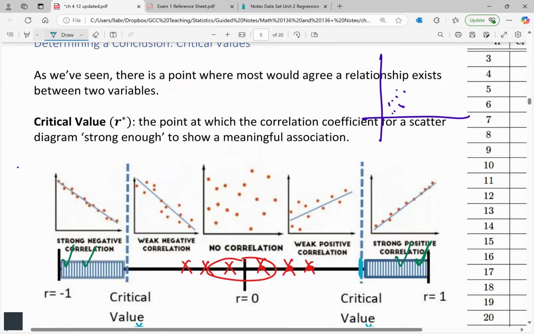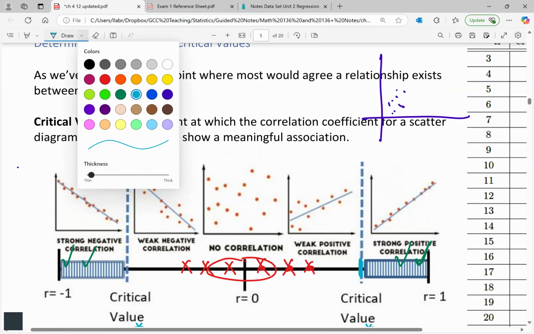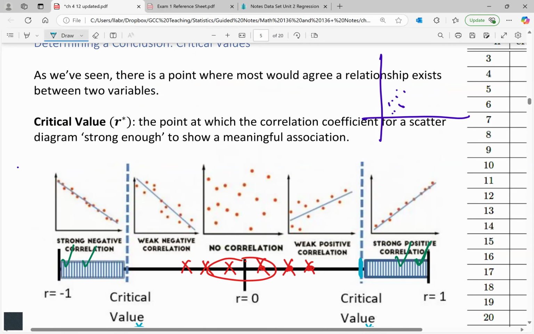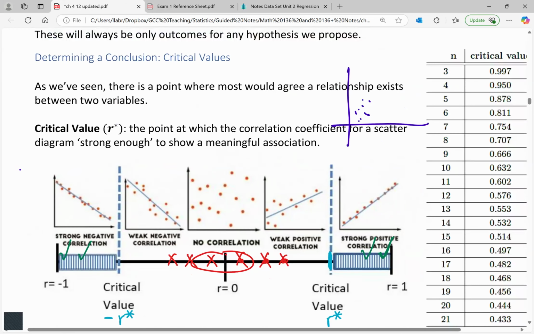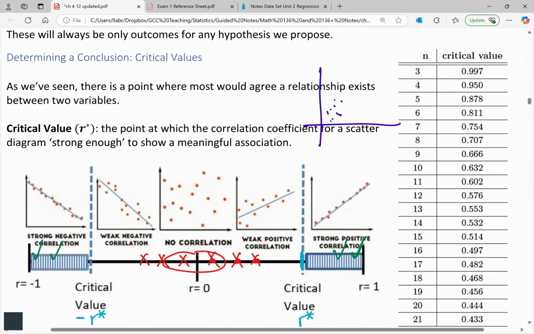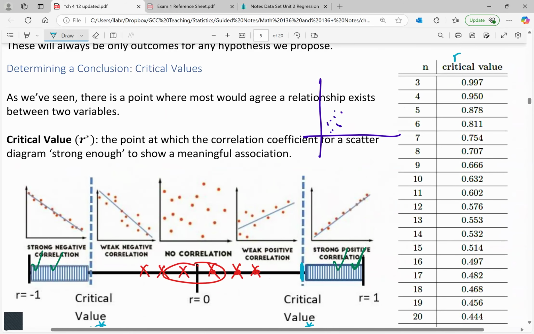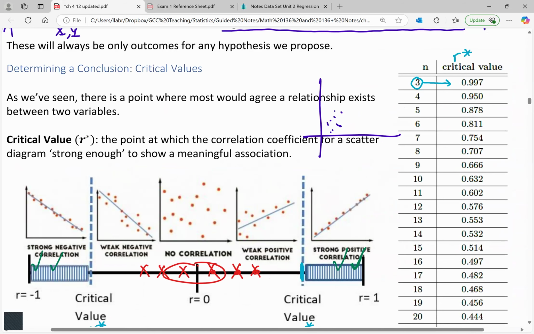So the critical value, again, and I said it, depends on the number of data points that you have. So the R value is called the critical value, that's R star. And so depending on the number of data points that you have, so if you only have 3 data points, you need to have a sample correlation coefficient stronger than 0.997, either positive or negative.